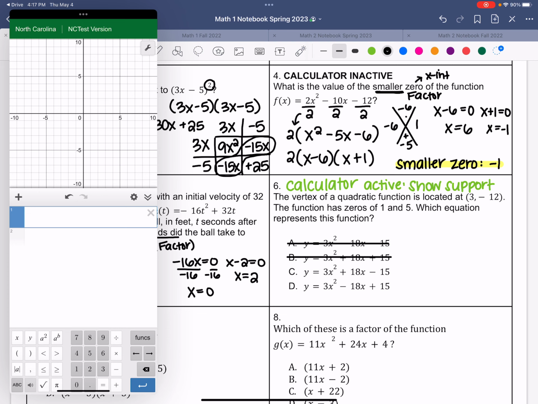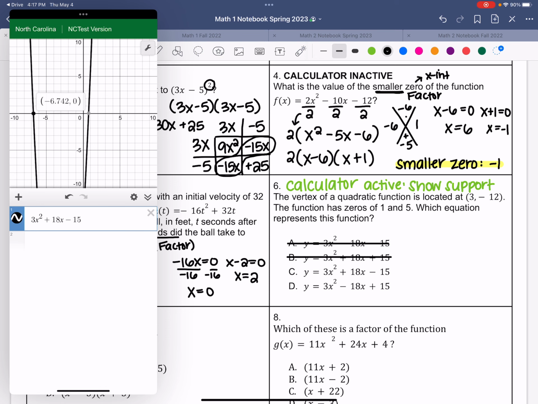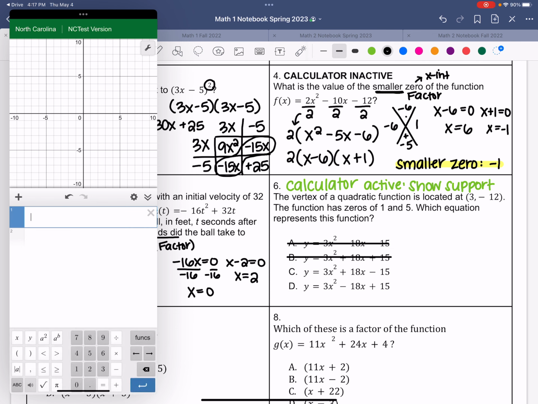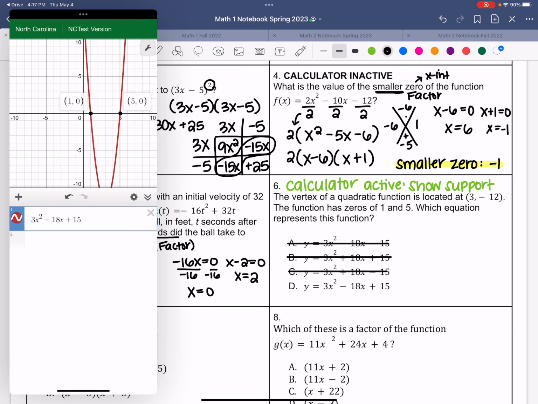Let's try C. Again, I do not have the x-intercepts that I need. So it looks like D is the winner.